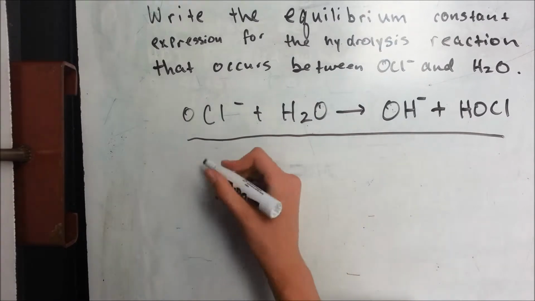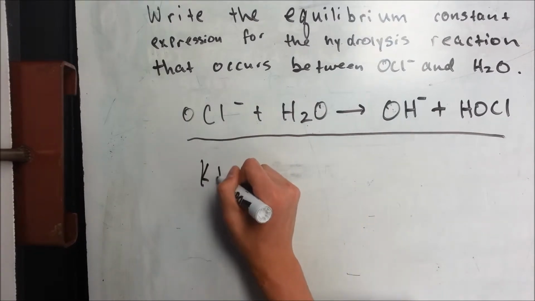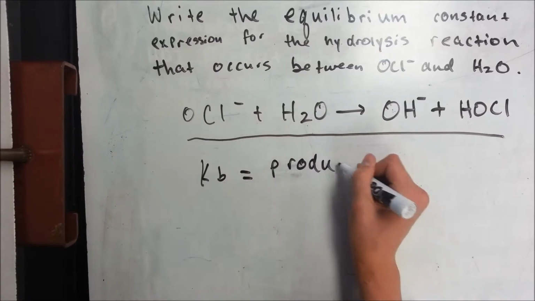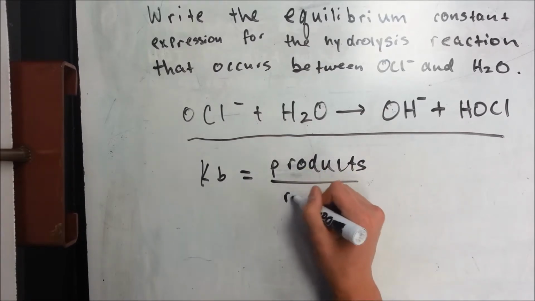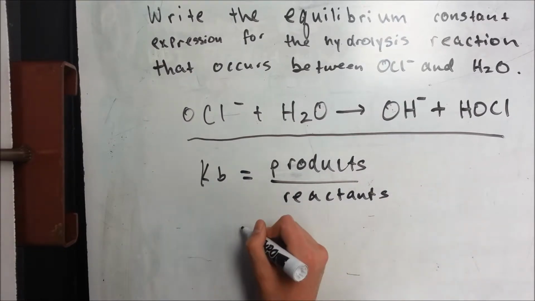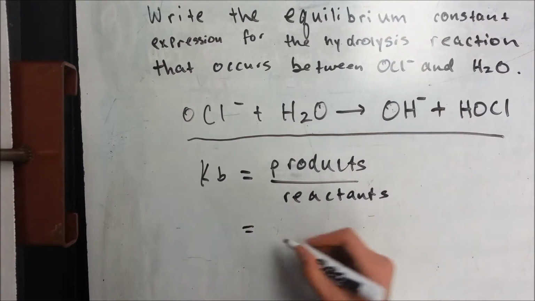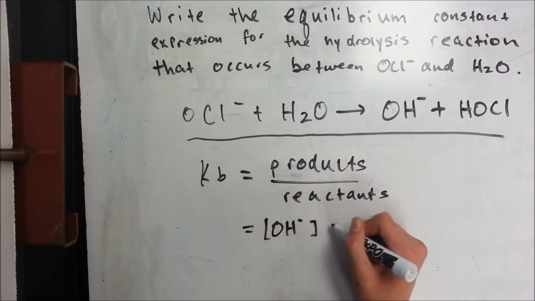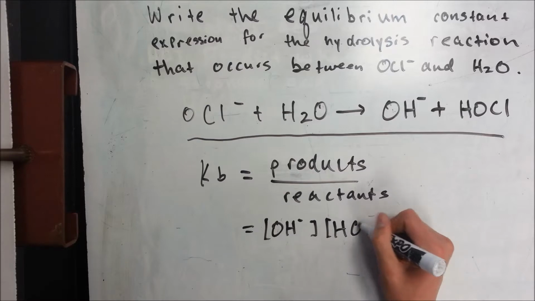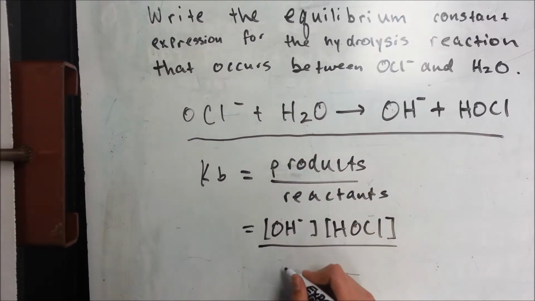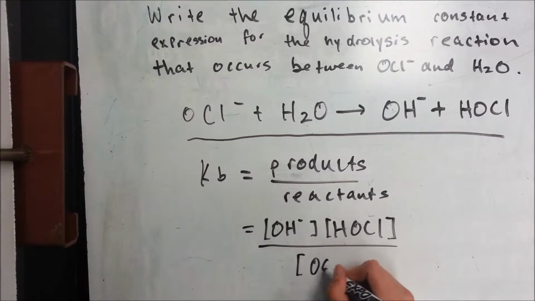So we know that the equilibrium constant expression is equal to products over reactants, excluding water. That would be equal to our products, which are OH minus and HOCl, over the reactants, excluding water once again, which is OCl minus.